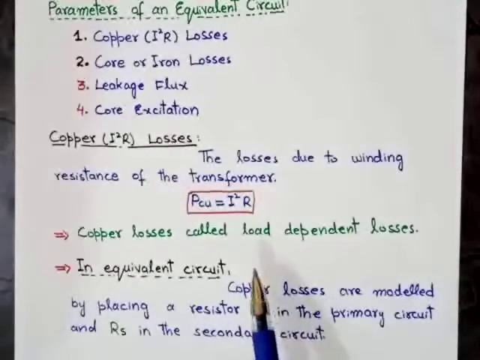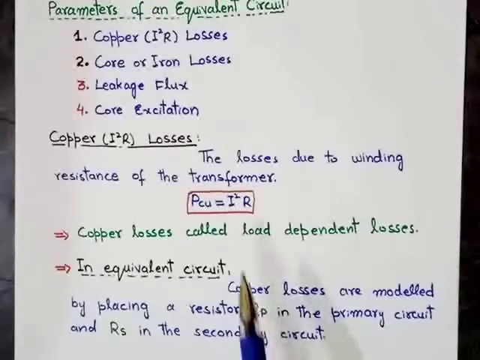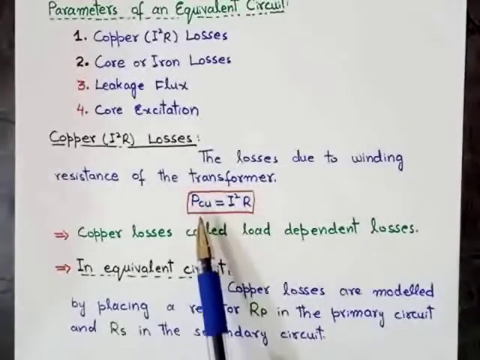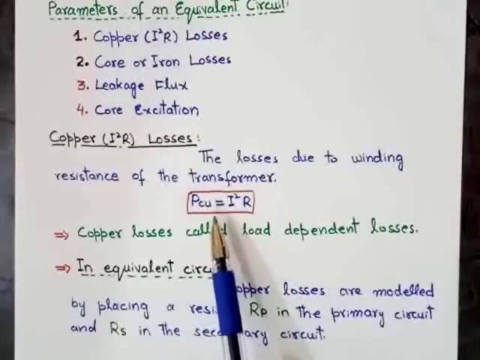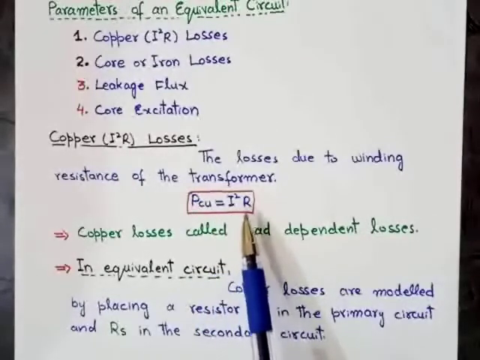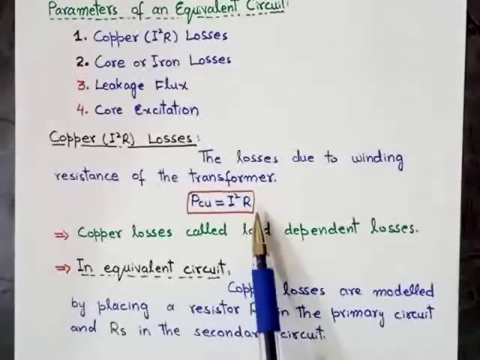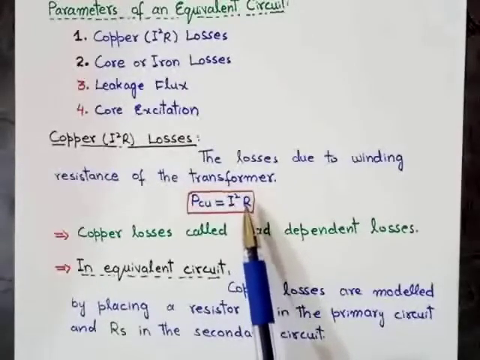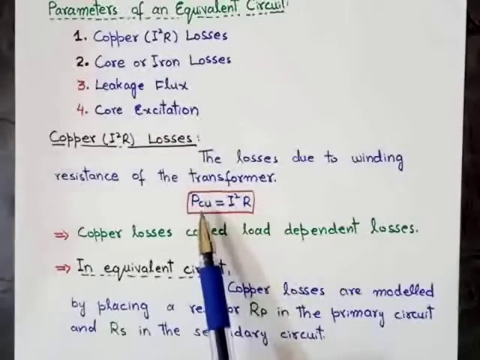When the value of the resistance is minimum, the copper losses will be minimum as well, because of the relationship between the winding resistance, that is the primary winding resistance and the secondary winding resistance, and the copper losses. When the internal resistance of the winding increases, the copper losses will increase as well.